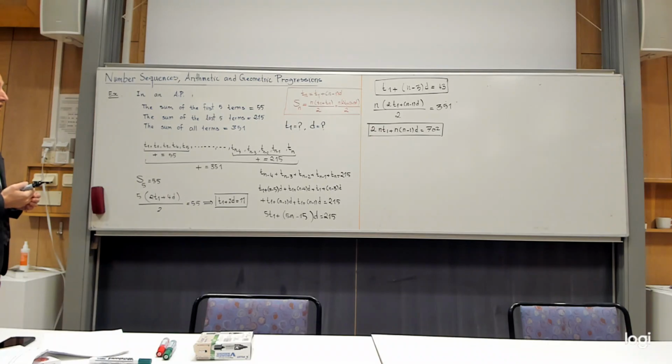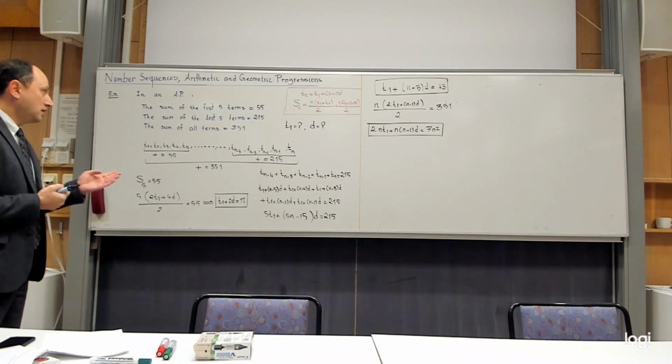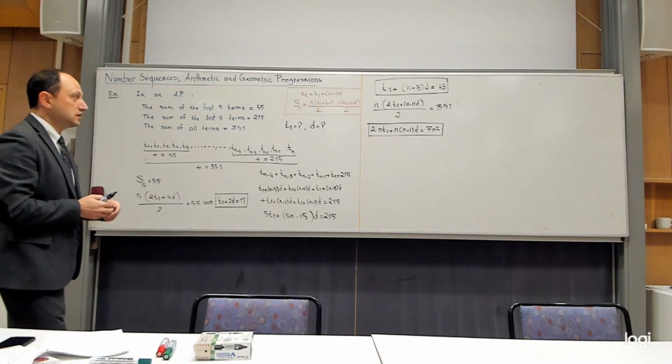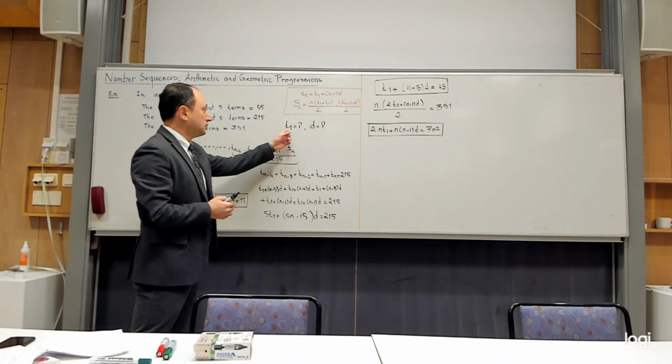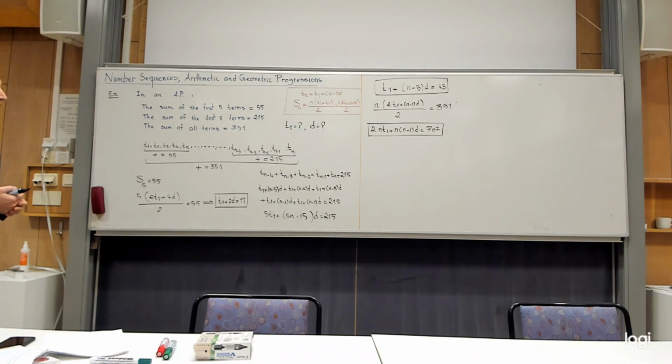T1, D, and N. Do you agree with the calculations? Yes? Okay, but then of course it becomes algebraically a little bit hard, because I have to solve these 3 equations. In principle, I should be able to find all 3 of them, but I need only 2 of them, D and T1. So what I'm supposed to calculate is a little bit hard to do here, but this is doable.